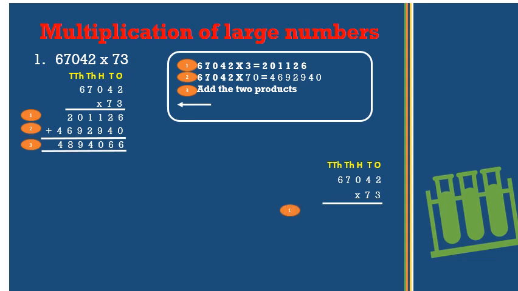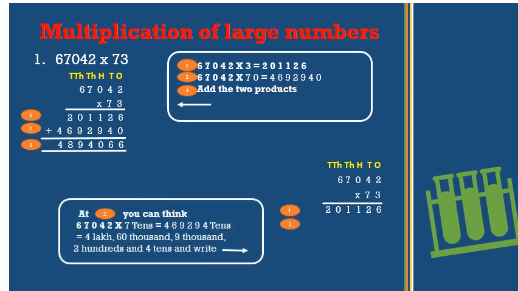Children, we can do the same multiplication in one more way, and that is, the first step is the same. We will multiply 67,042 by 3. In the second step, children, we can think of 67,042 multiplied by 7 tens, because 70 is equal to 7 tens. So my answer is 4,69,294 tens, which is equal to 46,92,940.